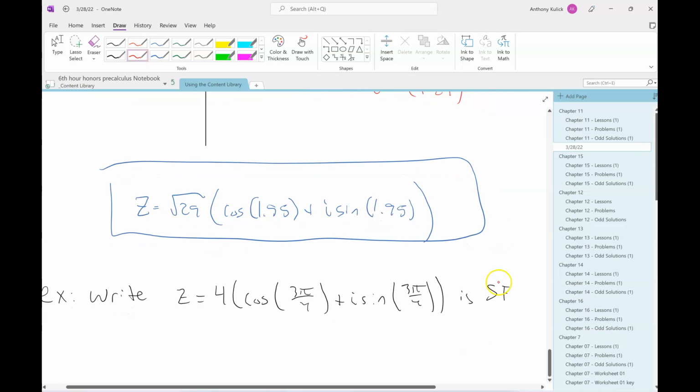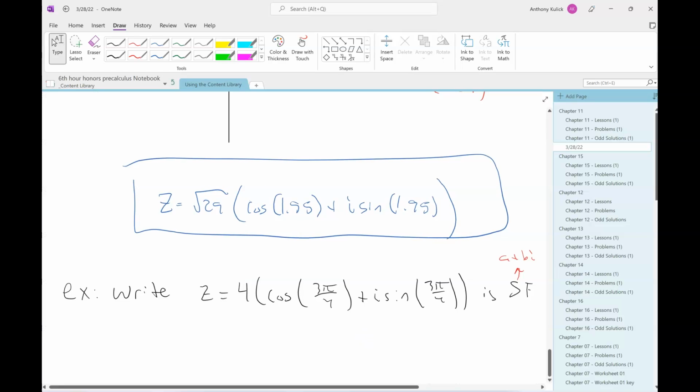So when we say standard form, we just mean that a plus bi form. Well, what am I doing here? I'm just going to distribute the 4 through.